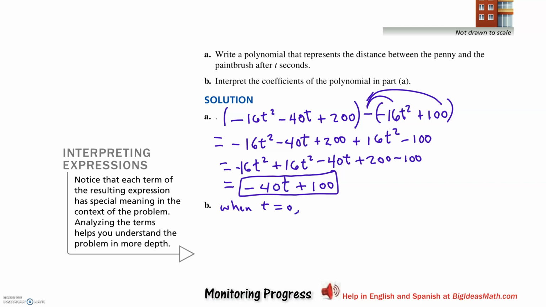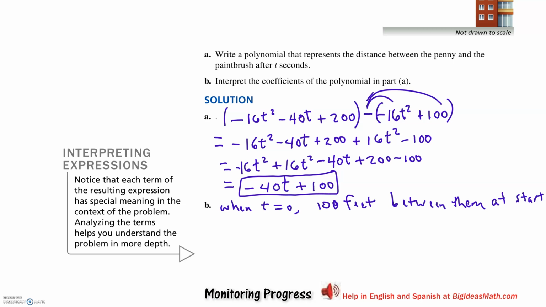And what that 100 means is when the two things are initially dropped, it is 100 feet between the objects, or 100 feet between them at the start of this little experiment, right? That's what that means. 100 feet between them at the start.